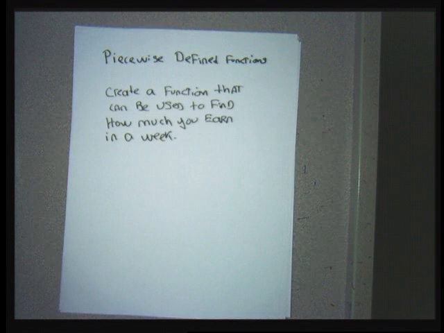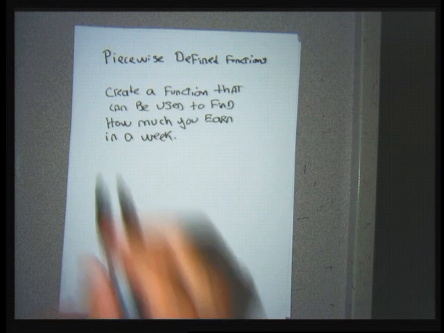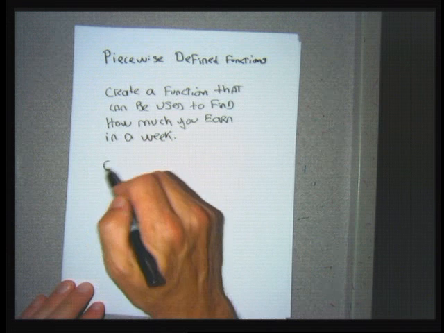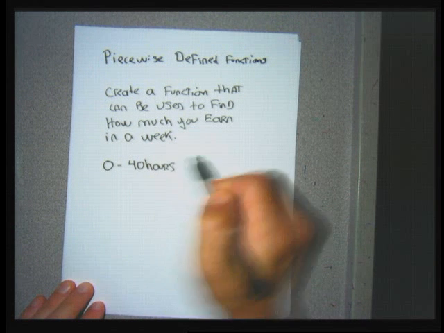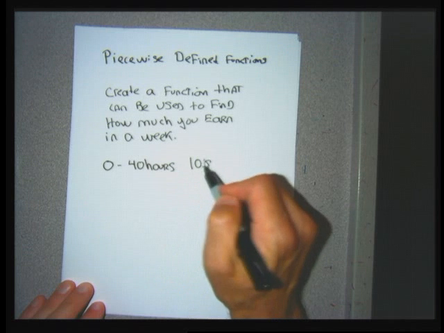You might not be able to do this with one equation. For instance, let's say that if you work between 0 and 40 hours in a week, your pay rate is $10 per hour.